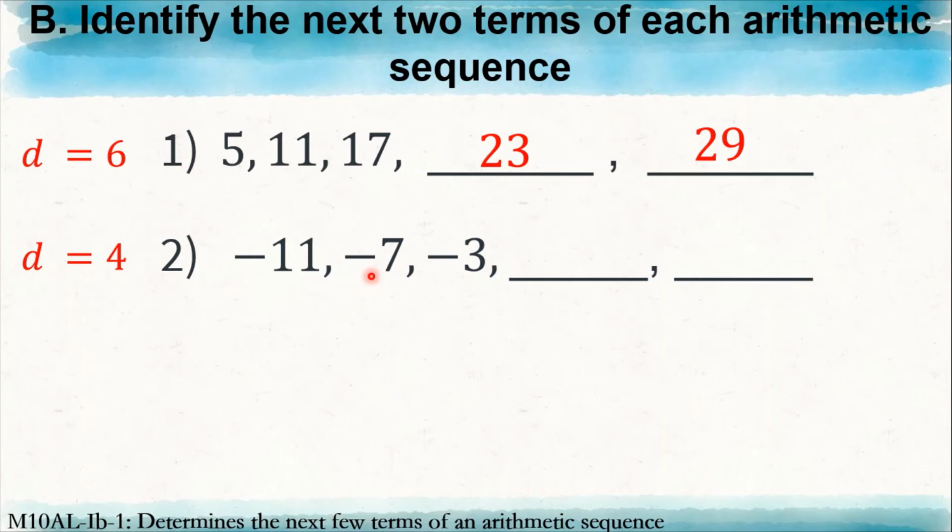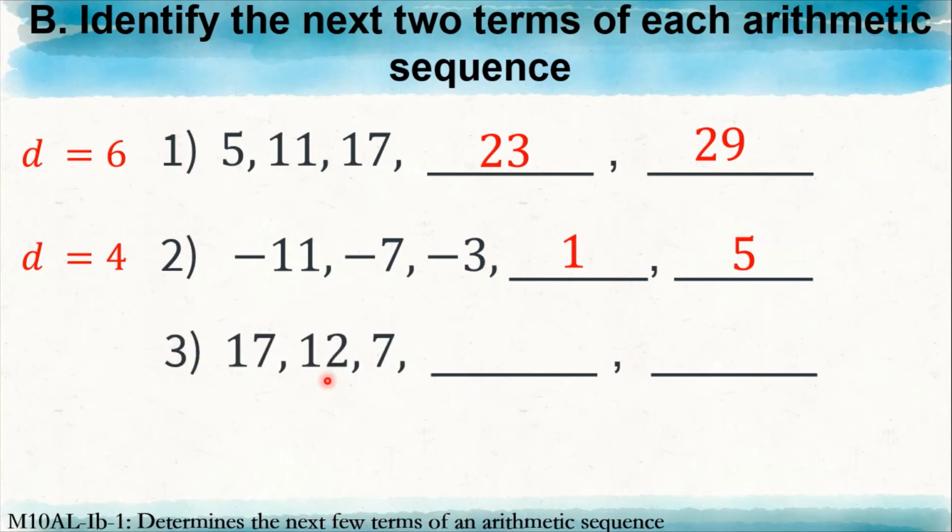So, in that case, we are adding 4. So, plus 4, plus 4. Tama naman, negative 7 plus 4 is negative 3. So, to get the next two terms, negative 3 plus 4 is, correct, positive 1, plus 4 is 5.